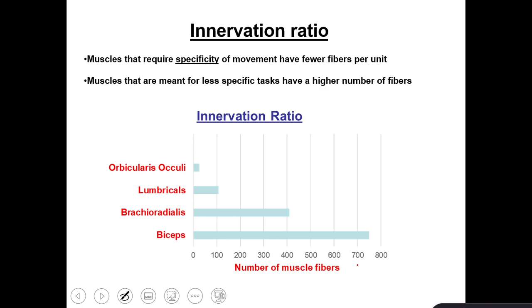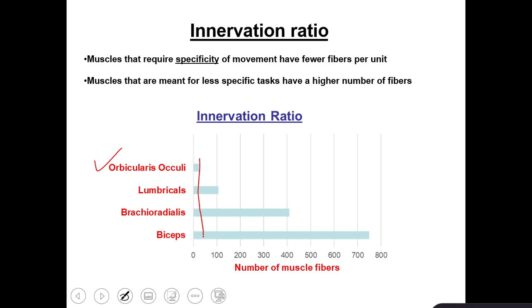On the other hand, muscles that need power but less specific or less precise tasks have a higher number of fibers. So if you look here, you will find that the orbicularis oculi, which is a muscle that closes the eyelid, has about 1:25 ratio because it's a muscle that does not require force, but its action is precise.